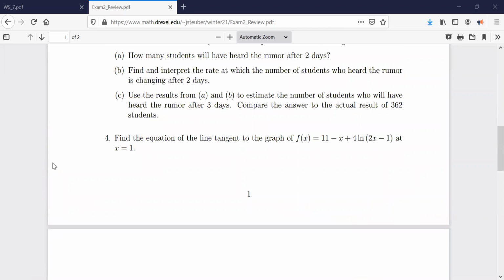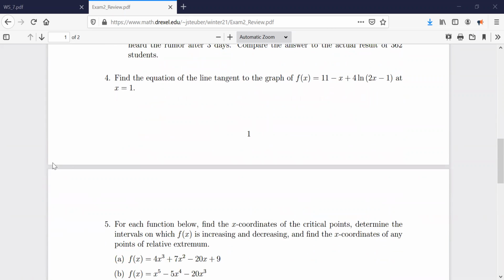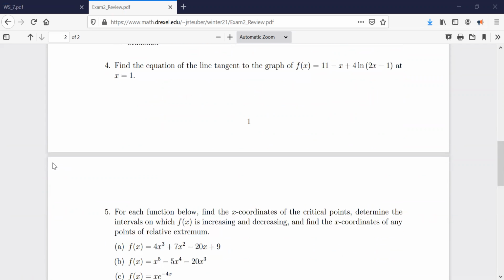So find the equation of the tangent line to the graph of f(x) = 11 - x + 4 ln(2x - 1). Okay, so I need two pieces of information. I need the point and I need the slope.